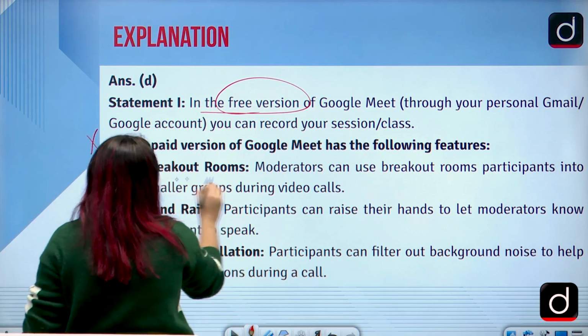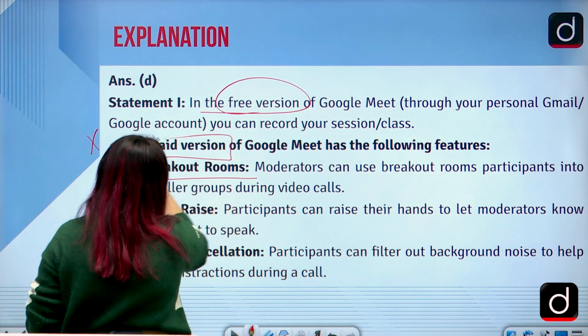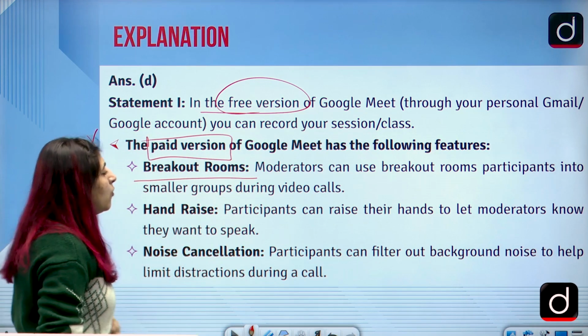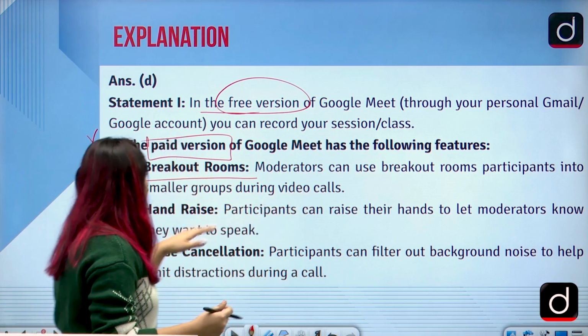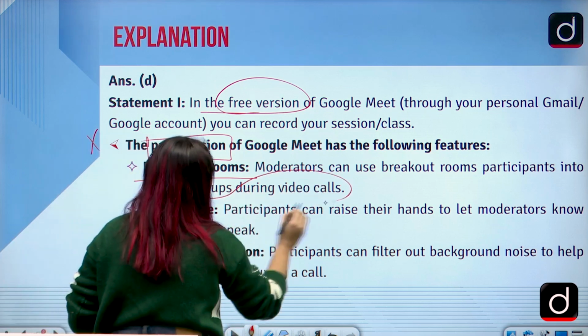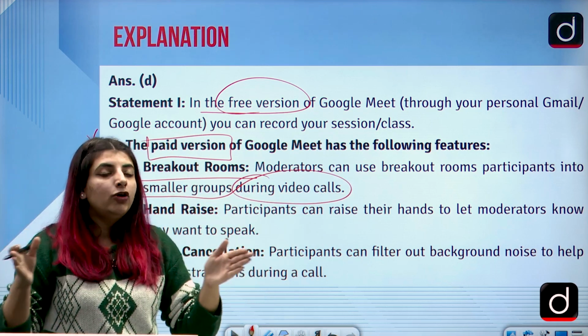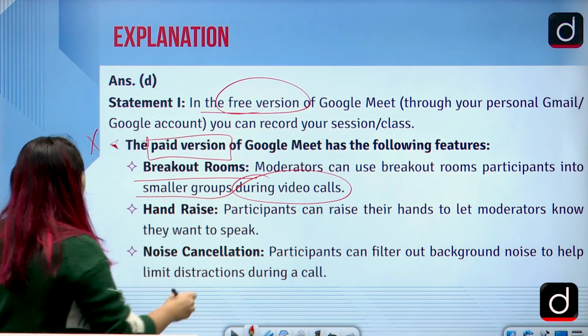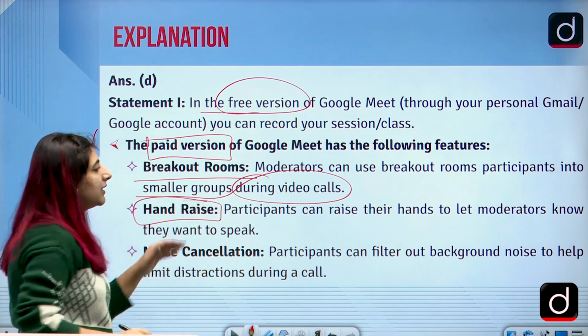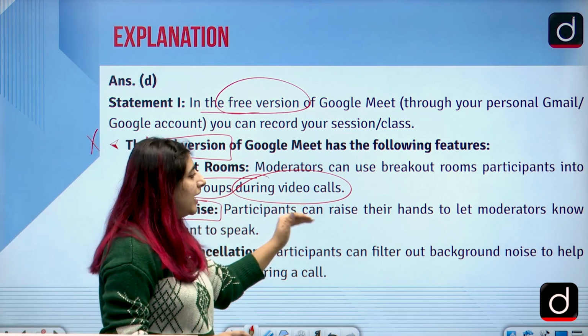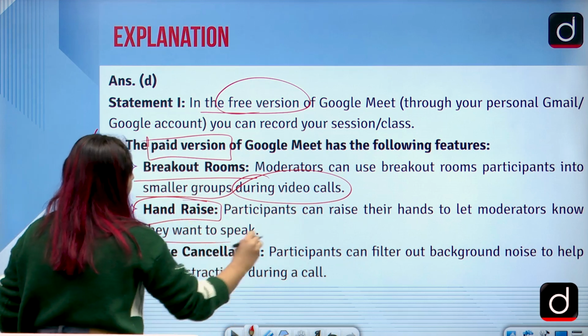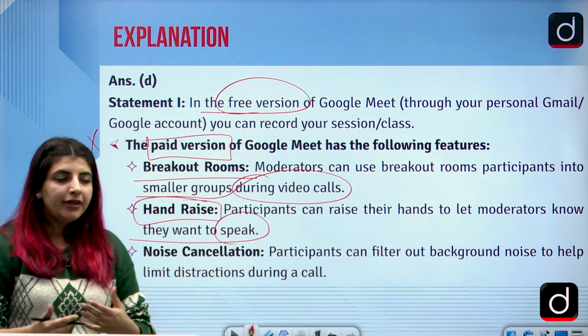So breakout rooms are there. These are the features of the paid version of Google Meet. Moderators can use breakout rooms to split participants into smaller groups during video calls. So the video call, the meeting, can be broken into different pieces. Hand raise: participants can raise their hands to let moderators know that they want to speak, that they have their opinion.